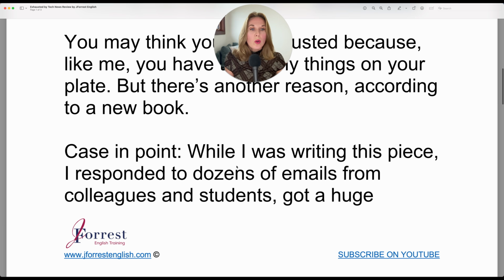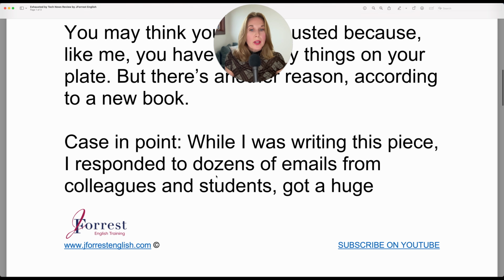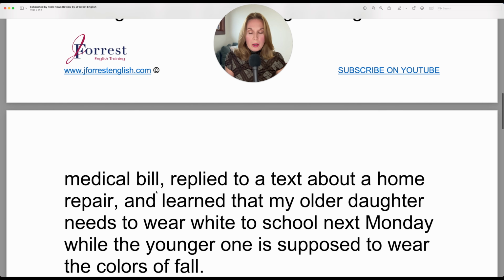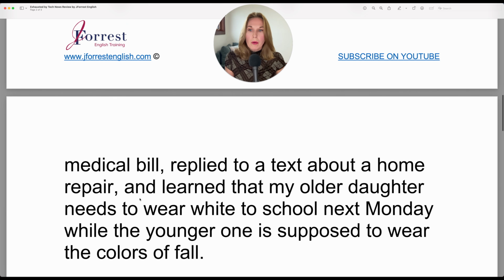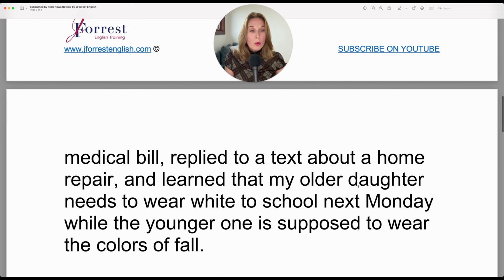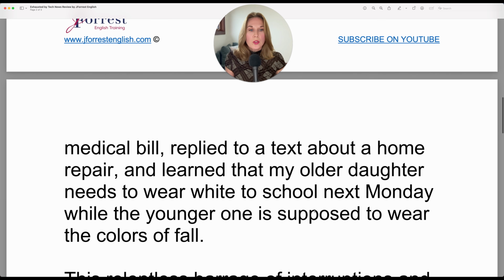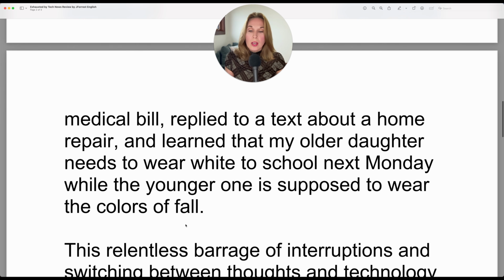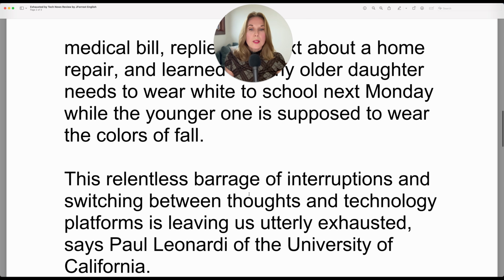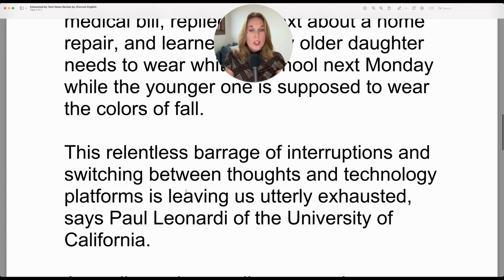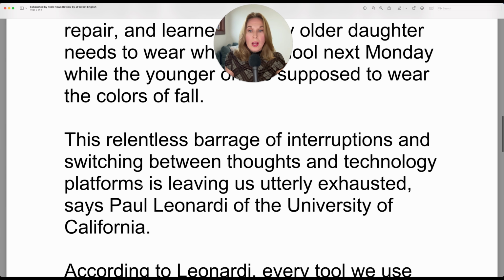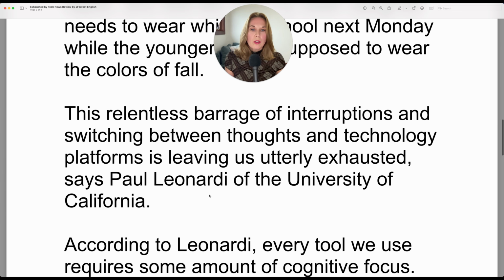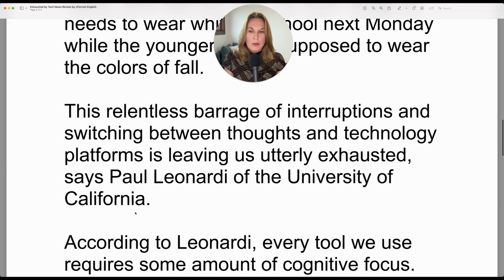Case in point, while I was writing this piece, I responded to dozens of emails from colleagues and students, got a huge medical bill, replied to a text about a home repair, and learned that my older daughter needs to wear white to school next Monday, while my younger one is supposed to wear the colors of fall. This relentless barrage of interruptions and switching between thoughts and technology platforms is leaving us utterly exhausted, says Paul Leonardi of the University of California.